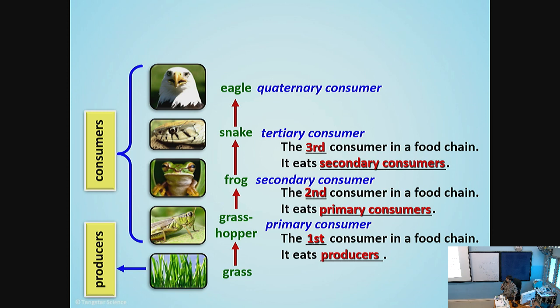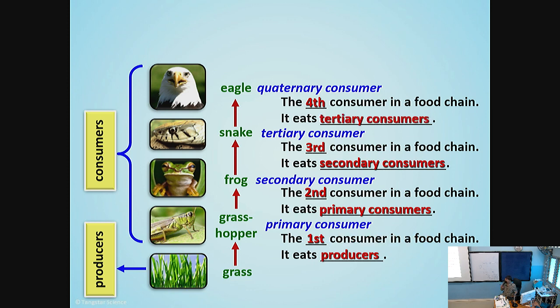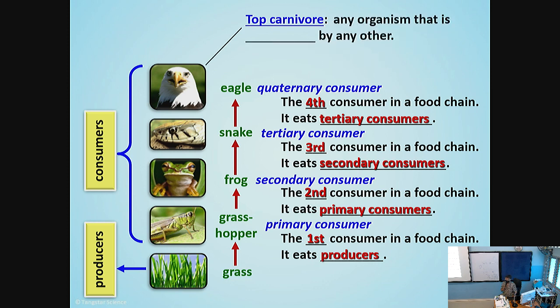The eagle, as the quaternary consumer, or the fourth consumer, eats the tertiary consumer. Remember, the eagle is your top carnivore, an organism not hunted by any other, at the very top of the food chain, the last one in the food chain. If you want to take a photo, you can take a photo.